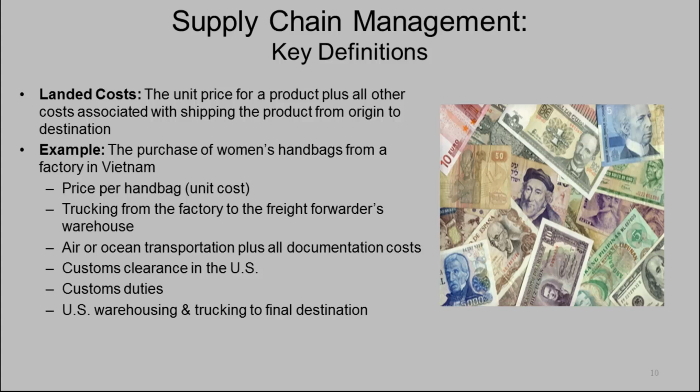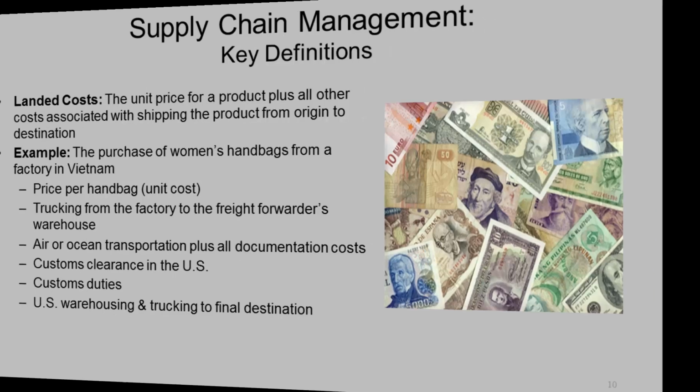And that's related to ocean transportation, to customs duty, to local delivery. So this challenge around prorating costs for a landed cost calculation per unit was and remains a big challenge for supply chain management professionals today.